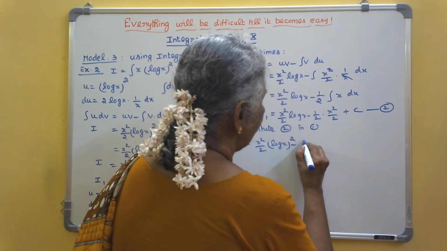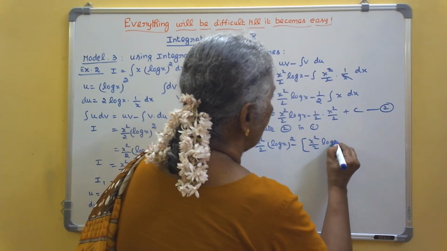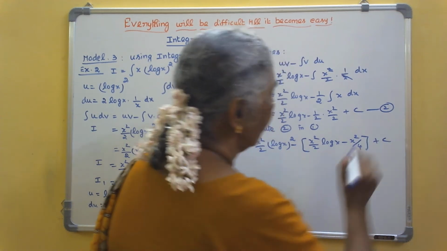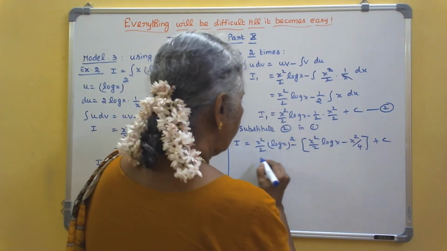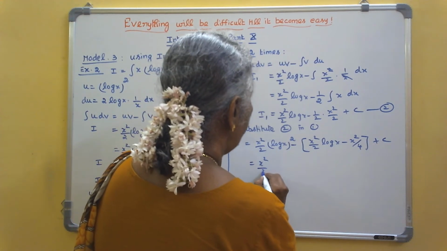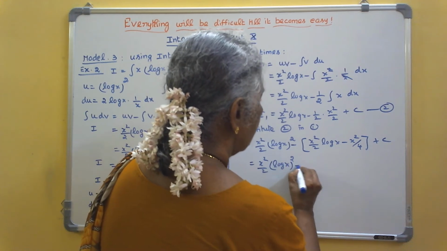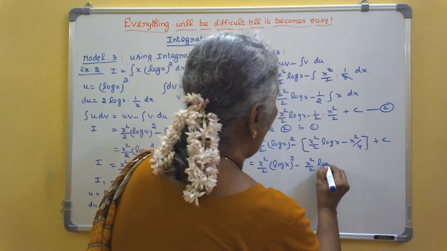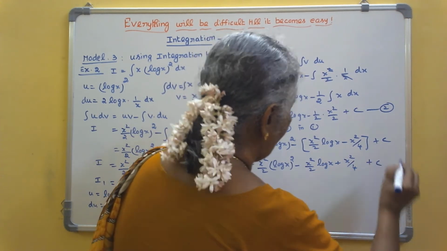So, put a minus sign here, then within bracket x squared by 2 log x minus x squared by 4, then write the plus c. Now, I will remove the bracket: x squared by 2 log x the whole square minus x squared by 2 log x plus x squared by 4 plus c.